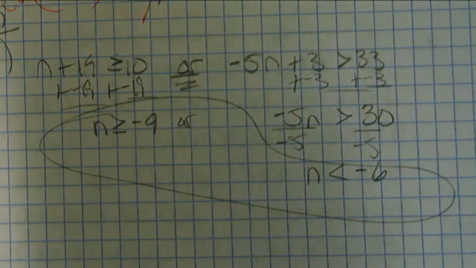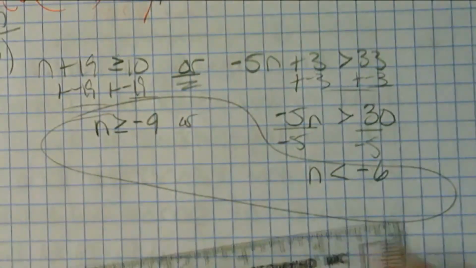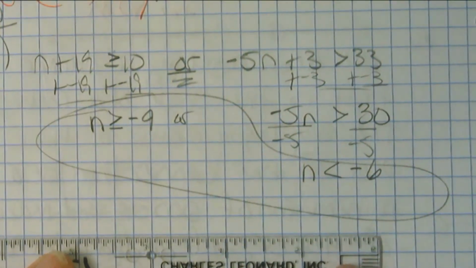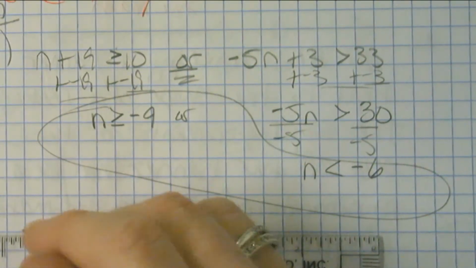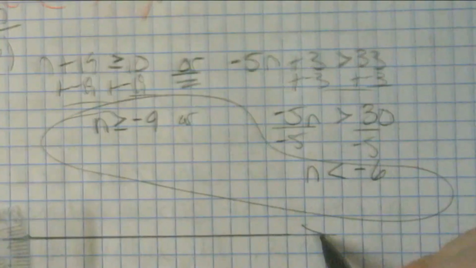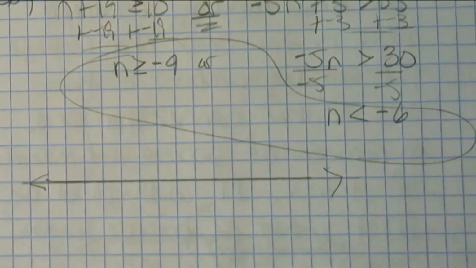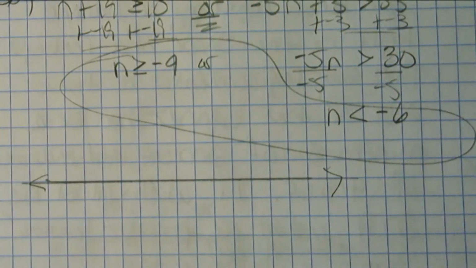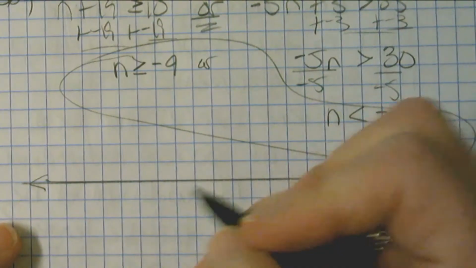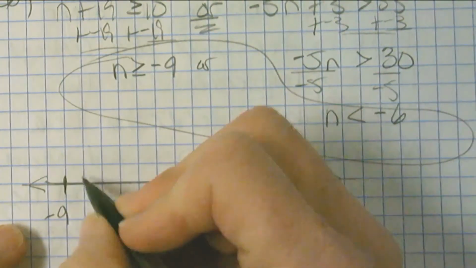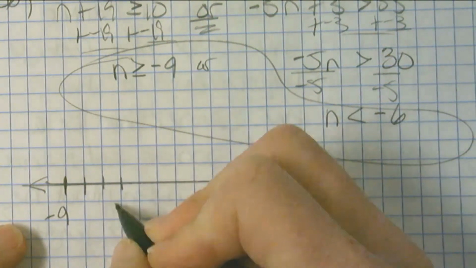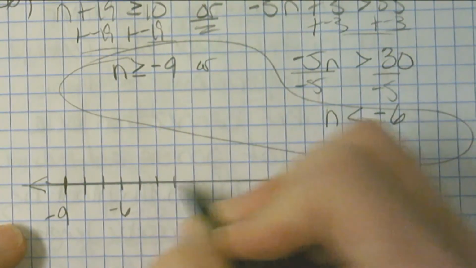So if I graph that, in an OR solution, if you remember, it's the union of both, not the overlap of both. All right, so here's my negative 9. So I have 9, 8, 7, 6, here's my negative 6, 5, 4, 3, 2, 1, 0.